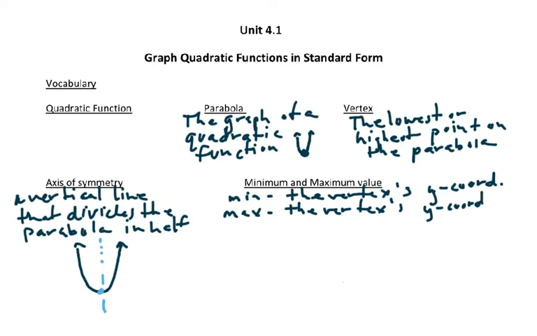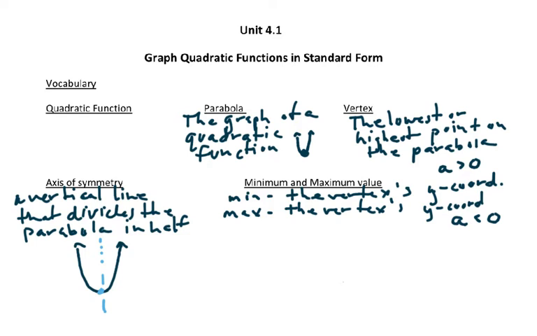So in both cases, it's the y-coordinate. So you might be thinking, well, wait a minute. How do I know what's what? Well, the min is the y-coordinate when a is greater than 0. And the max is when a is less than 0.